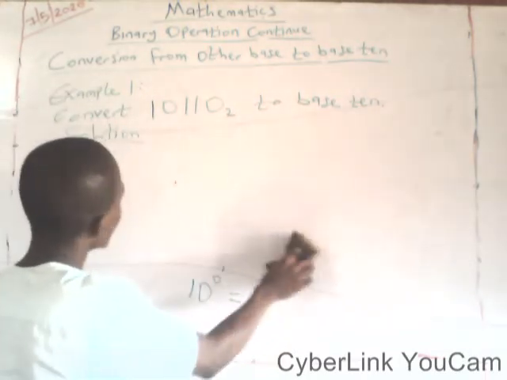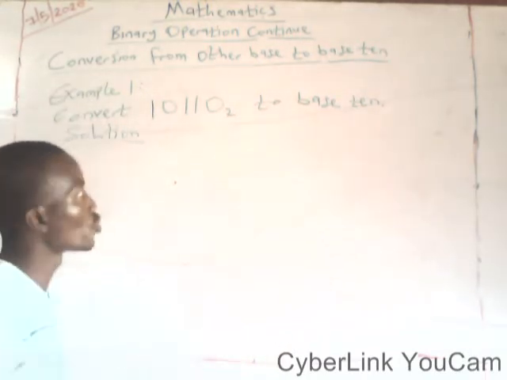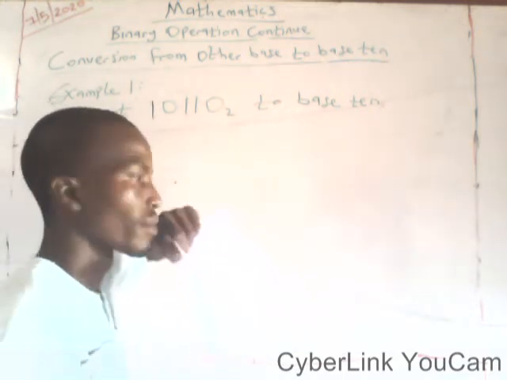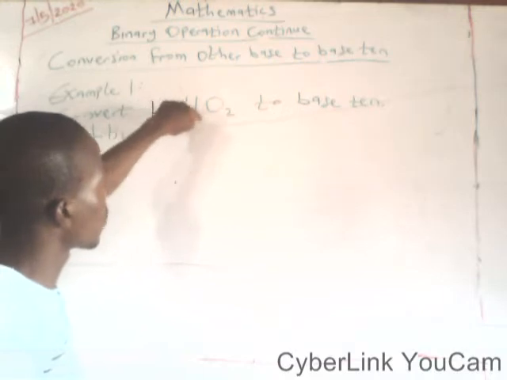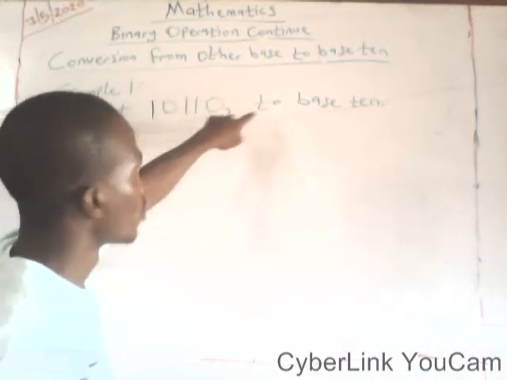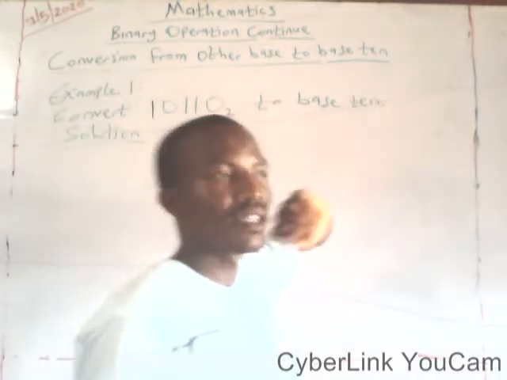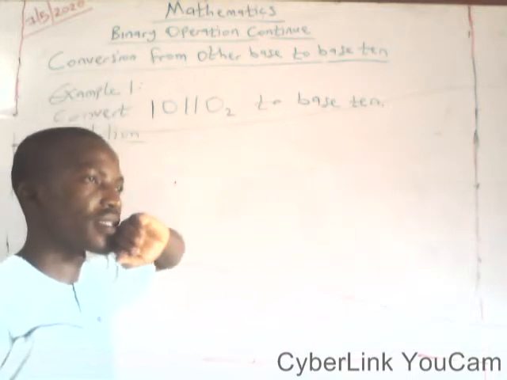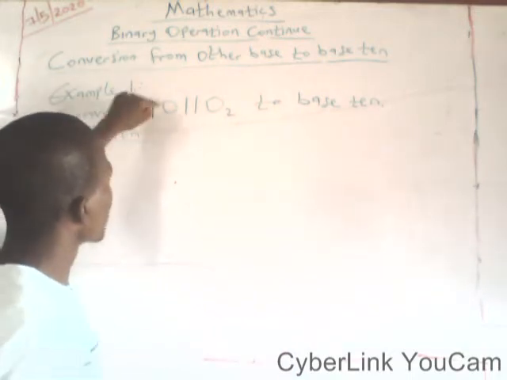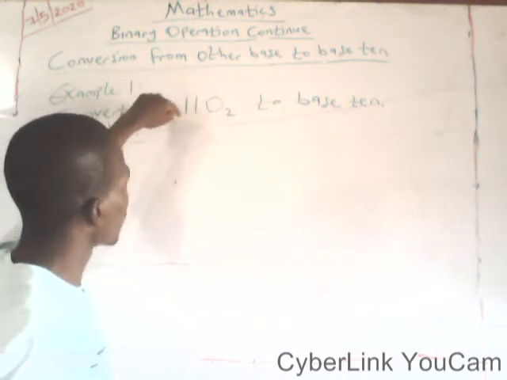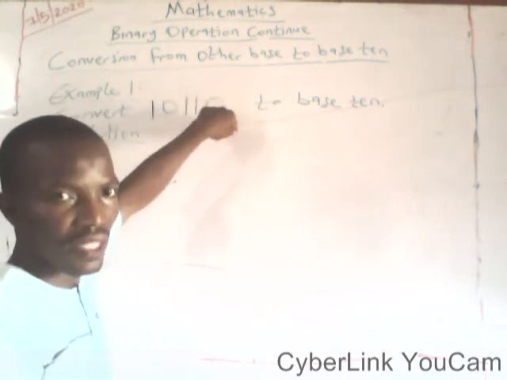Convert 10110 base 2 to base 10. The question says that you should convert 10110 in base 2 to base 10. Now how do we go about this? The step you are going to take is that each of these numbers you are going to multiply by the base.